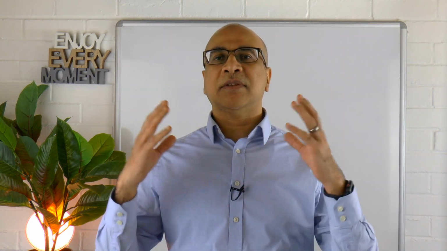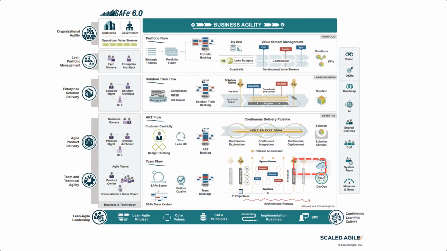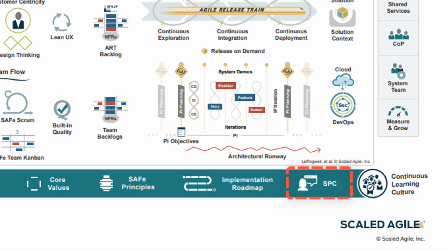To round this off, I want to talk about the SPC, the SAFe Program Consultant. Now, this is the change agent for the Agile Release Train, Solution Train, organization or enterprise that helps to bring all of this change together.